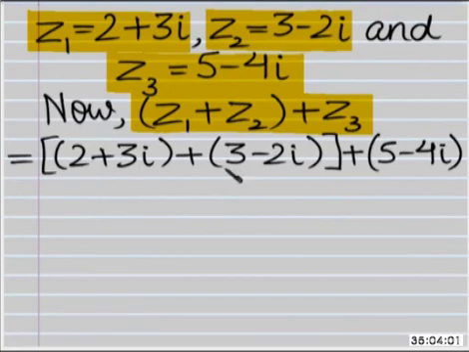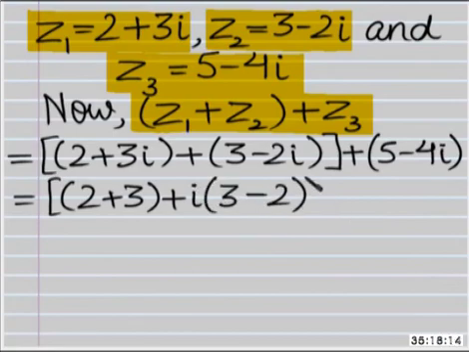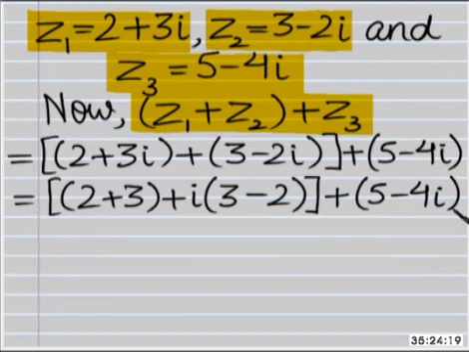Combining the real and imaginary parts and then solving it further, it is equal to 2 plus 3 plus iota whole multiplied by 3 minus 2 whole added to 5 minus 4 into iota.